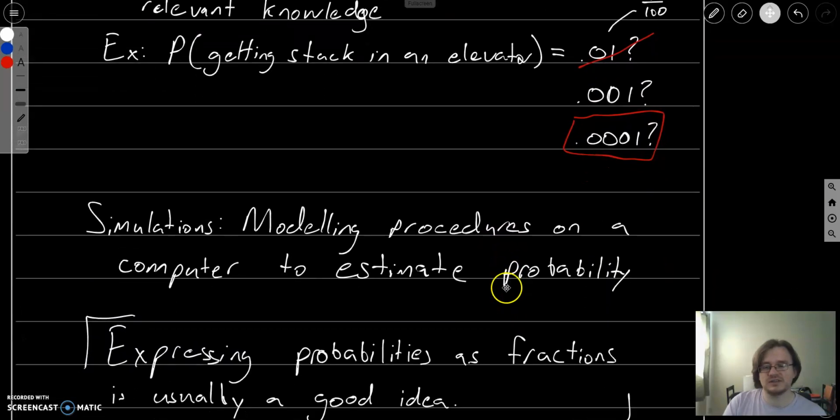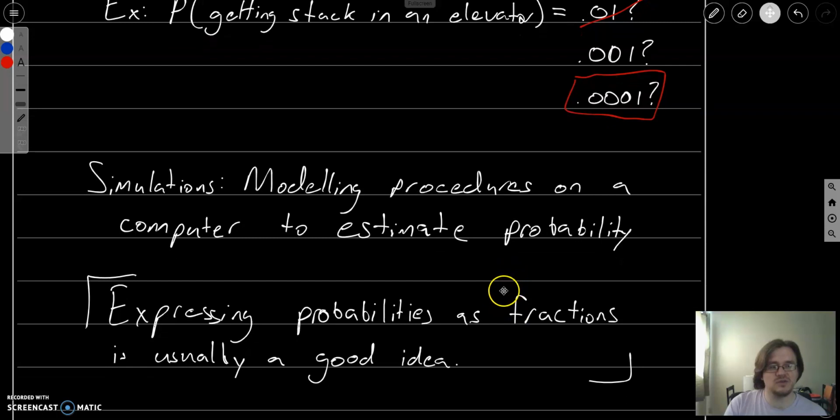Another way to do this, if we can't actually run the procedure, maybe it's dangerous, or we don't have enough materials to be able to run a procedure a bunch of times, we can do so in a computer, and we will model the procedure in the computer.